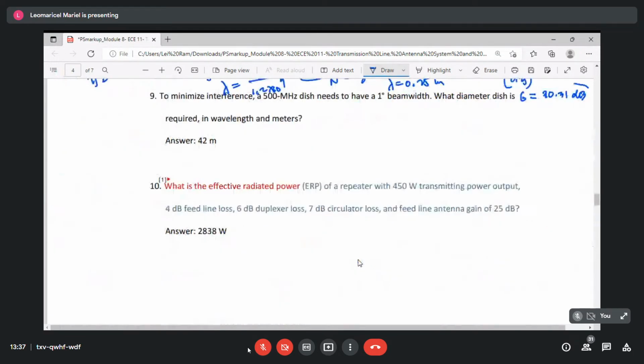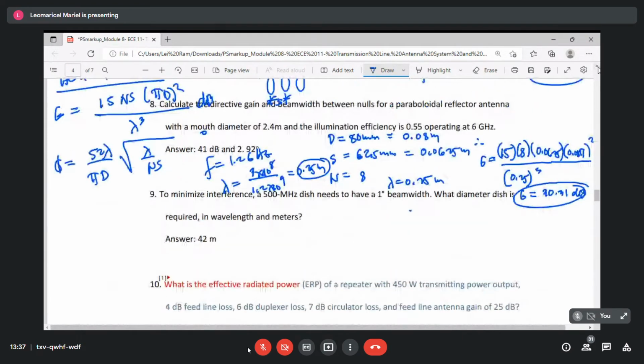Okay? How about your beam width? Ilagay nyo lang din sa formula. Beam width is equals to, yung formula natin, 52 times 0.25 all over 0.08 pi multiplied by the square root of 0.25 all over 8 multiplied by 0.0625.